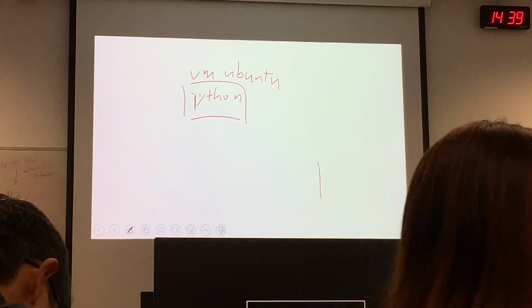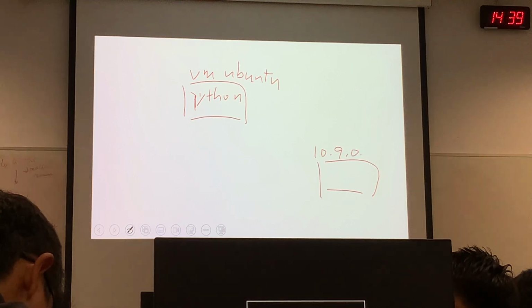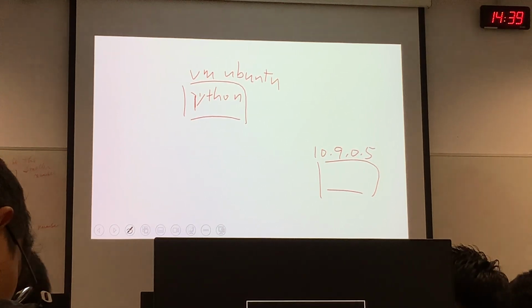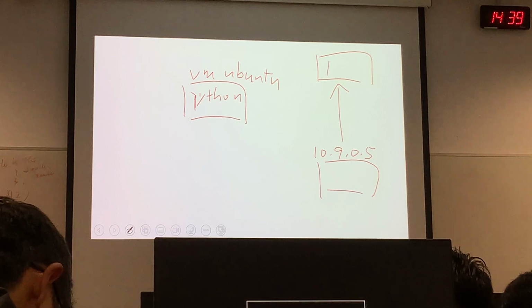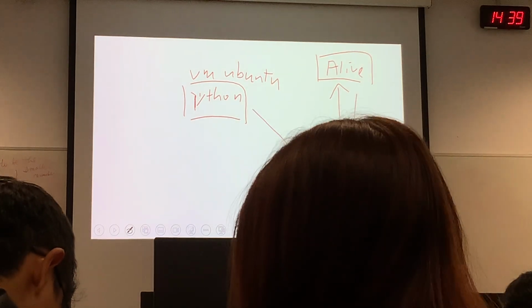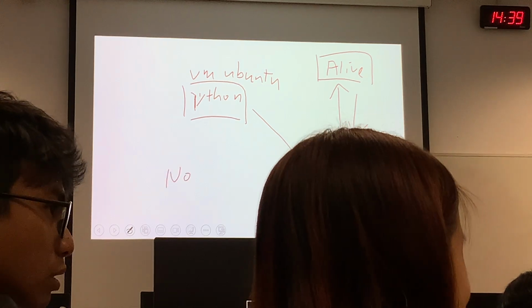You have 10.9.0.5 here for experiments. Whatever it pings, let's say this machine is alive, this machine will reply and your program will reply. Let's say this one is not.